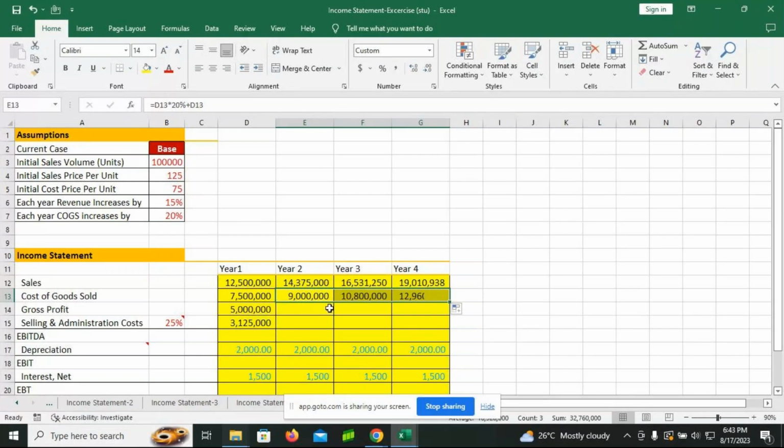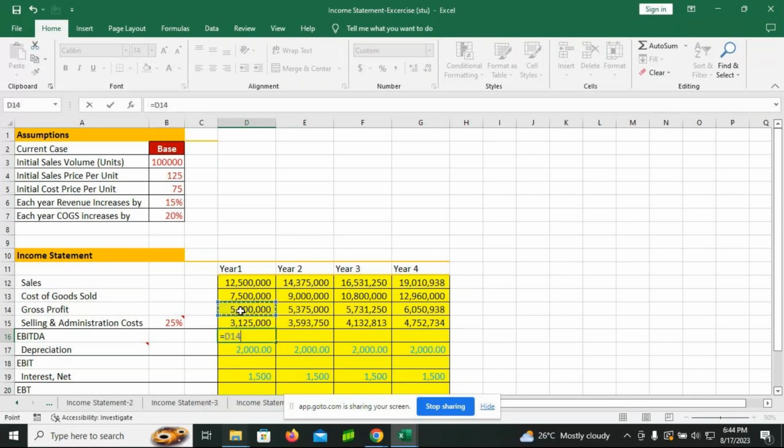So now gross profit, I'll just come and drag it this side. So this one also I'm going to drag it. So EBITDA will be equals gross profit minus selling and administration charges. So I will drag it towards my right.